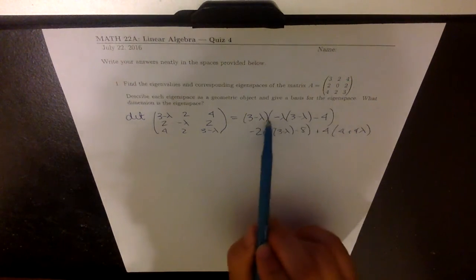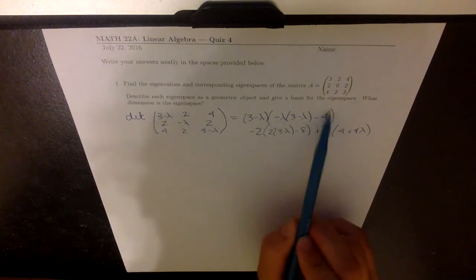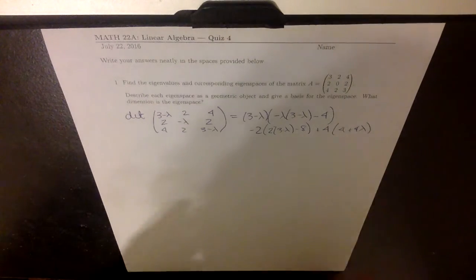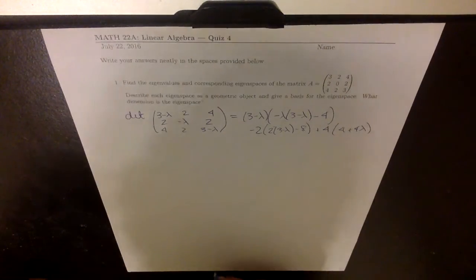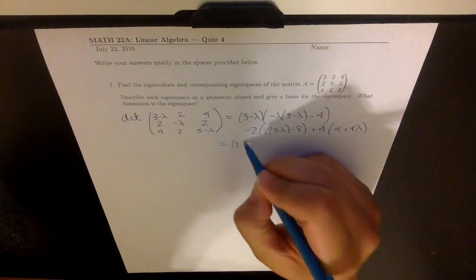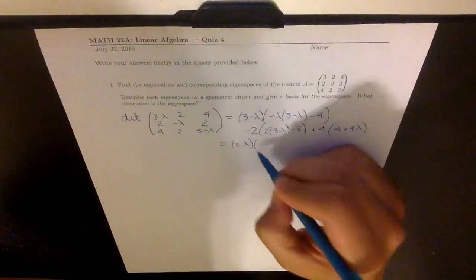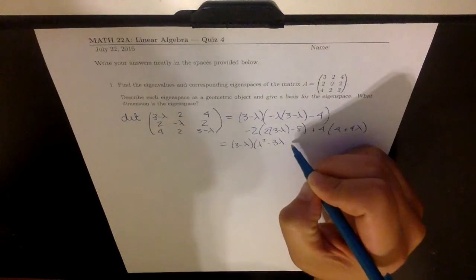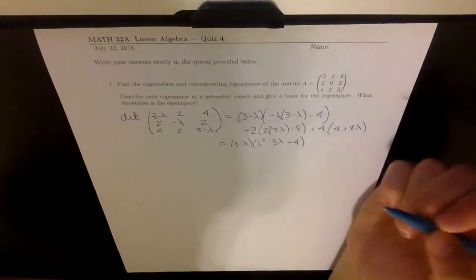I'm going to multiply out and simplify this quadratic. I'm going to simplify each of these binomials as much as possible, but I'm not going to combine things unless they obviously must be combined. So what that looks like, I'm going to have 3 minus lambda times lambda squared minus 3 lambda minus 4.